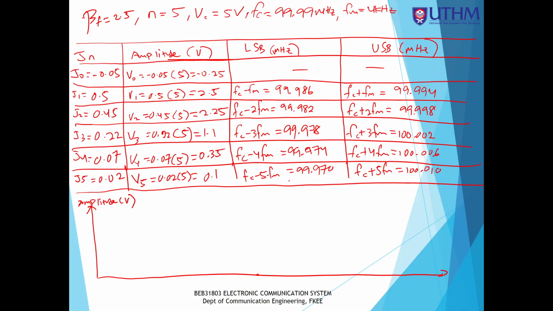So the first one is minus 0.25, let's say somewhere here. This is at 99, and this is frequency in megahertz.